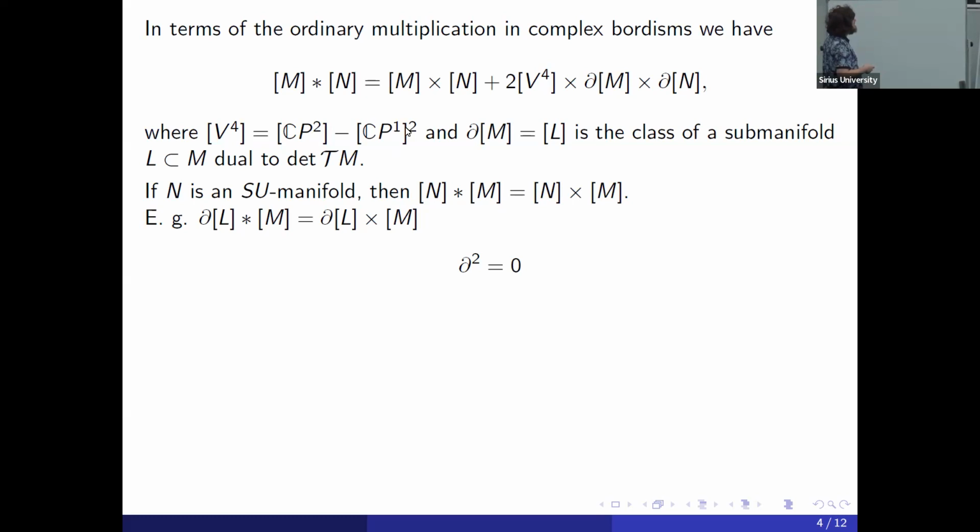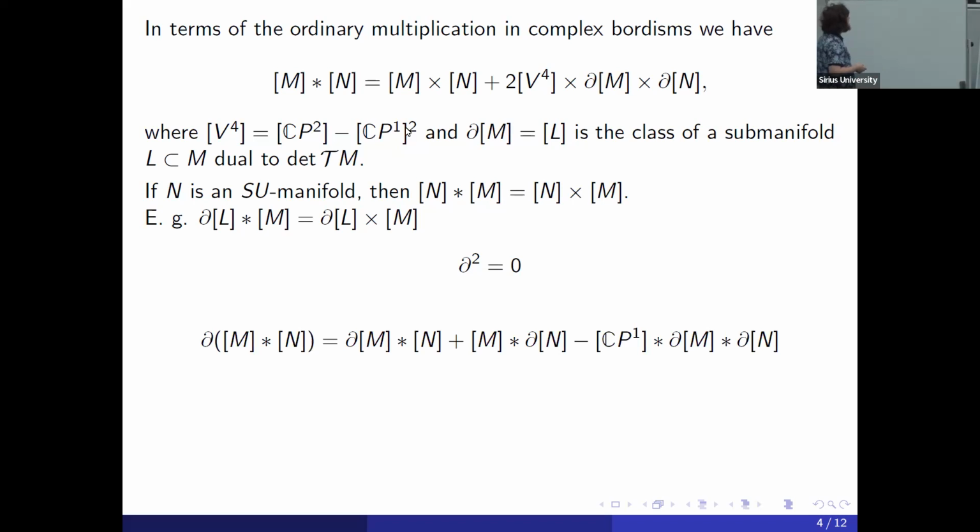And we have the ring and such an operation D. It is zero if we consider D squared, so D is a differential. But what is the relation between this D and the multiplication? We do not have the standard Leibniz rule, but we have the following formula: D of the product is the Leibniz part plus some correction part.